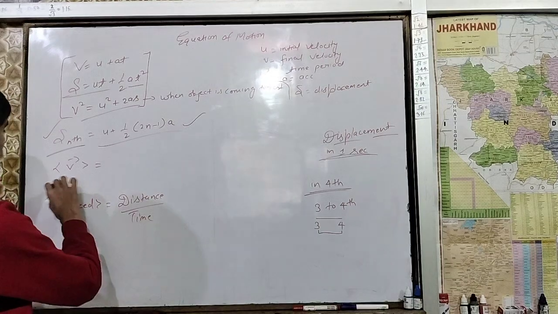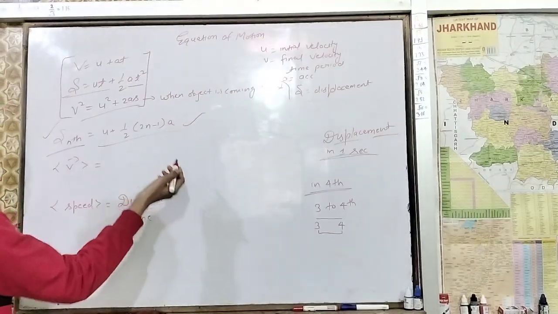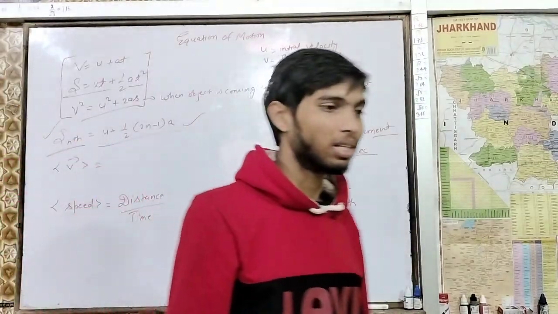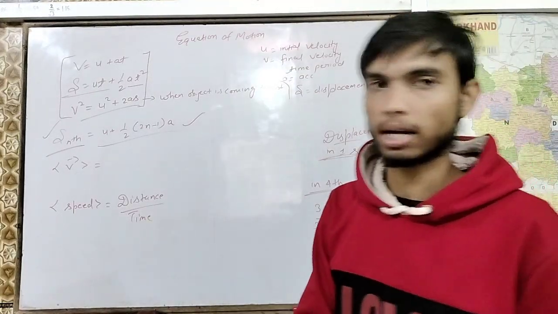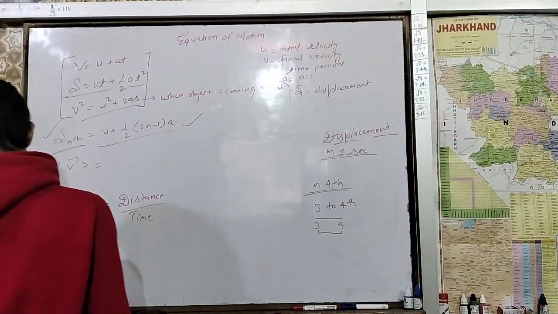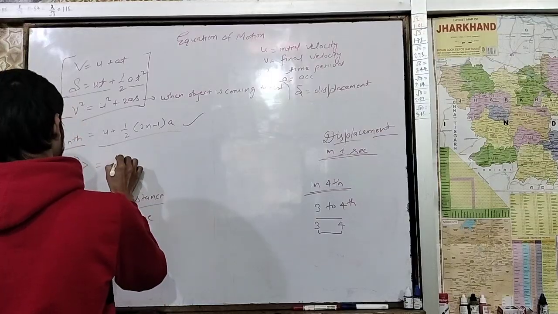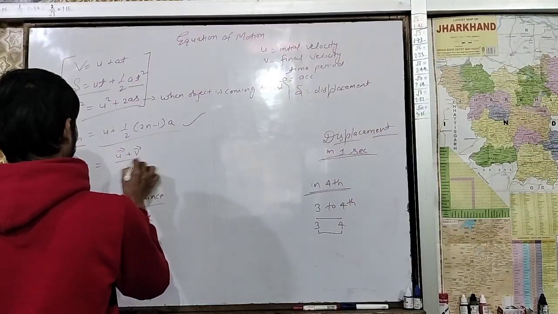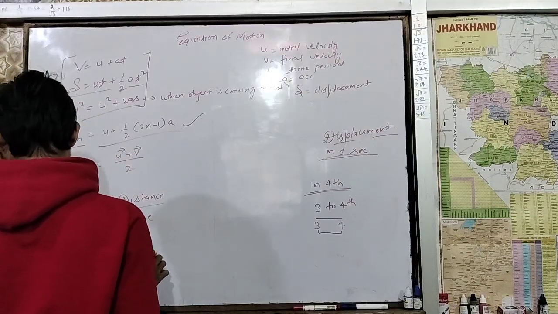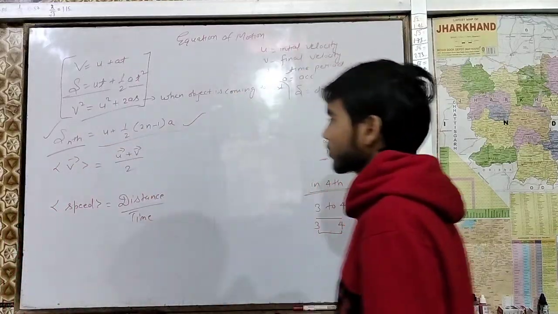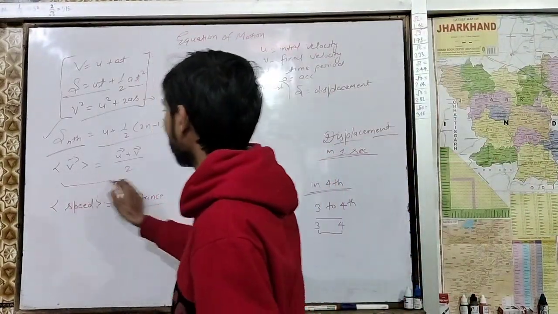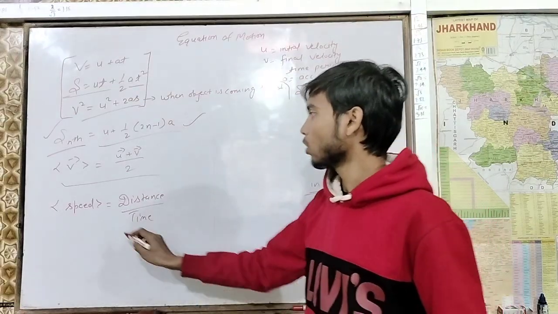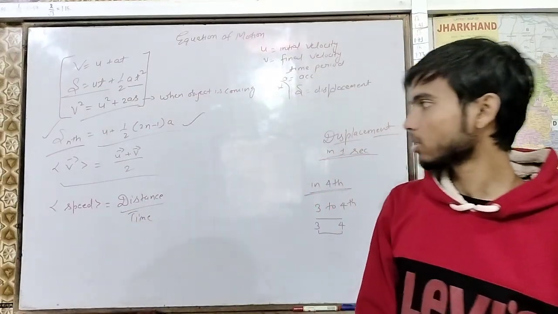Average velocity means initial velocity plus final velocity, upon 2, u plus v upon 2. From this formula you will get average velocity, and from this formula you will get average speed.